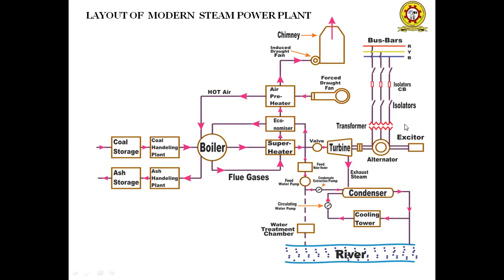Again, the process gets recycled. The water which is coming from the condenser is extracted by the pump and sent into the feed water pump. From the feed water pump, it is again sent into the economizer for heating purposes. So this is the water treatment plant. This is the process of the layout of the modern steam plant.